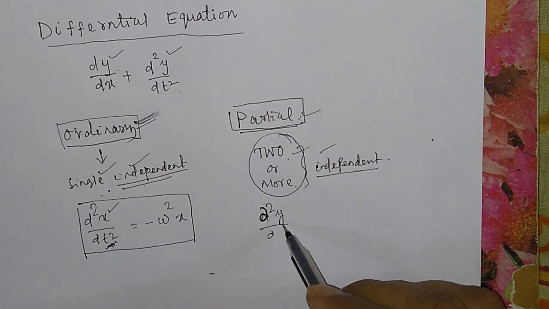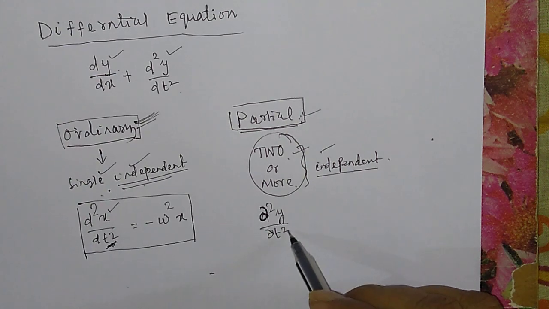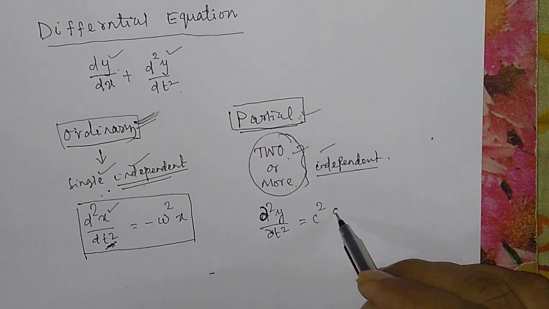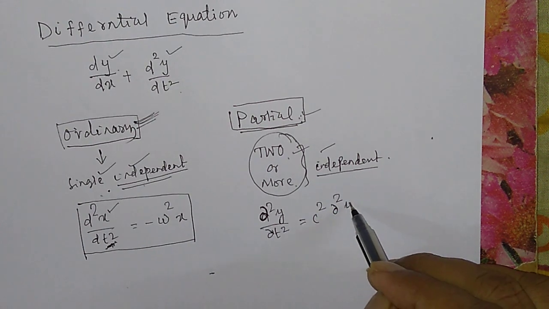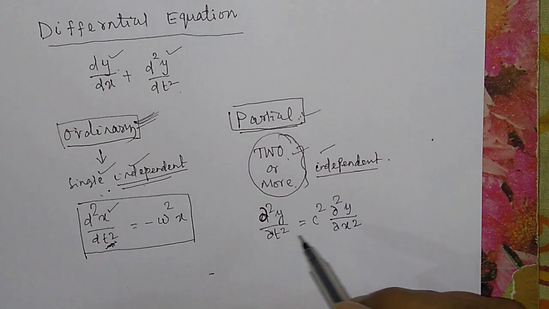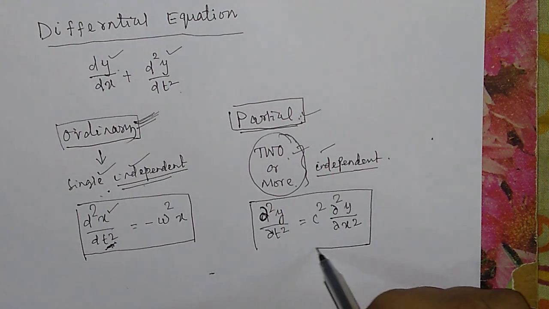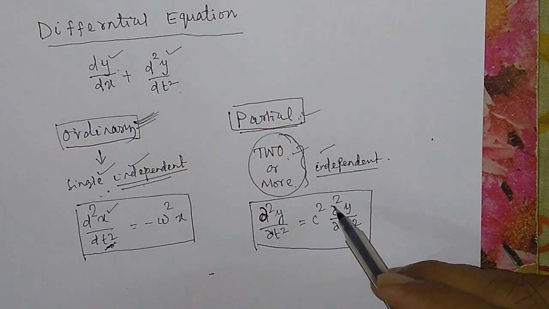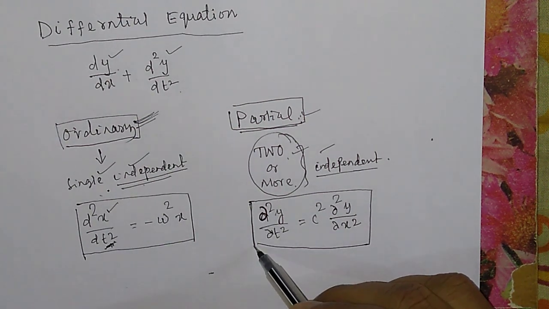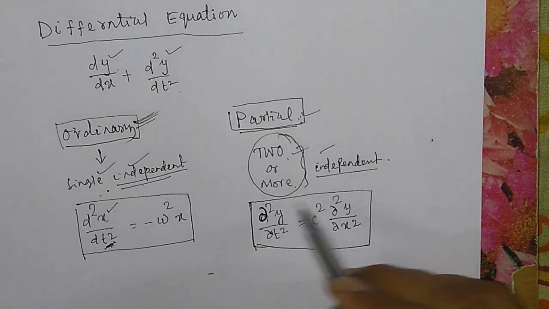So del square y with respect to time, equal to c square, then del square y with respect to x. This is a well known equation, the wave equation for the vibration of a string. When the string vibrates, the wave equation can be represented by this equation.